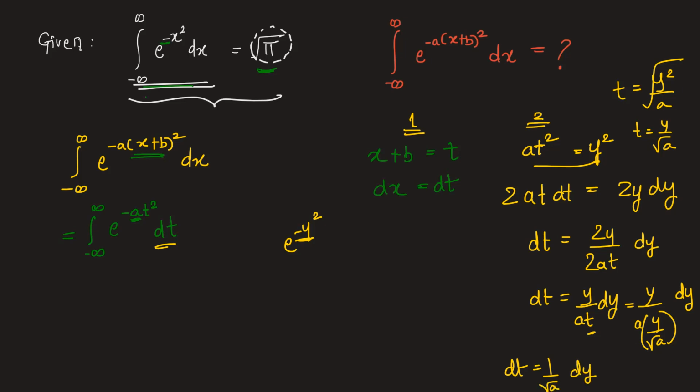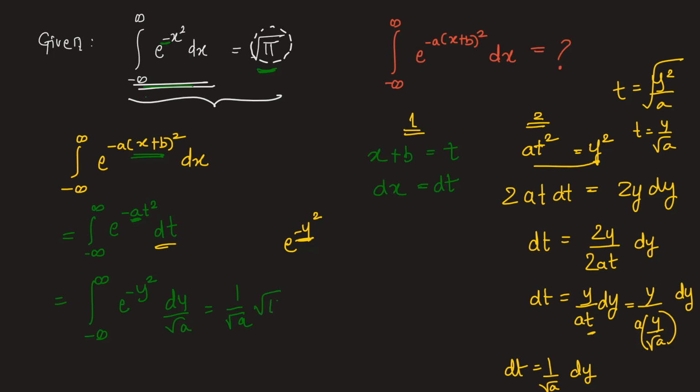So let's substitute these values here. We have the new integral as integration from minus infinity to infinity of e to the power minus y square, and instead of dt we will have dy upon root a. Taking 1 by root a outside because it's a constant, the integration of e to the power minus y square dy we can substitute as root pi.